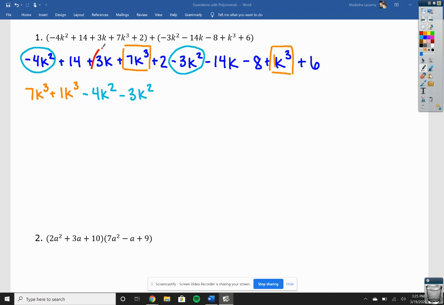So I have 3k, negative 14k. And that's all the k's that I see. So plus 3k minus 14k. And last but not least, we have just our constants.